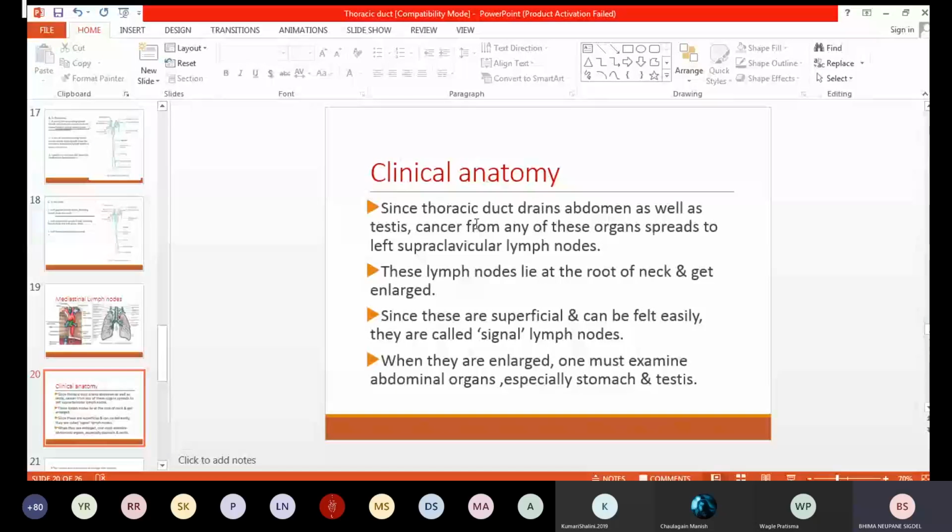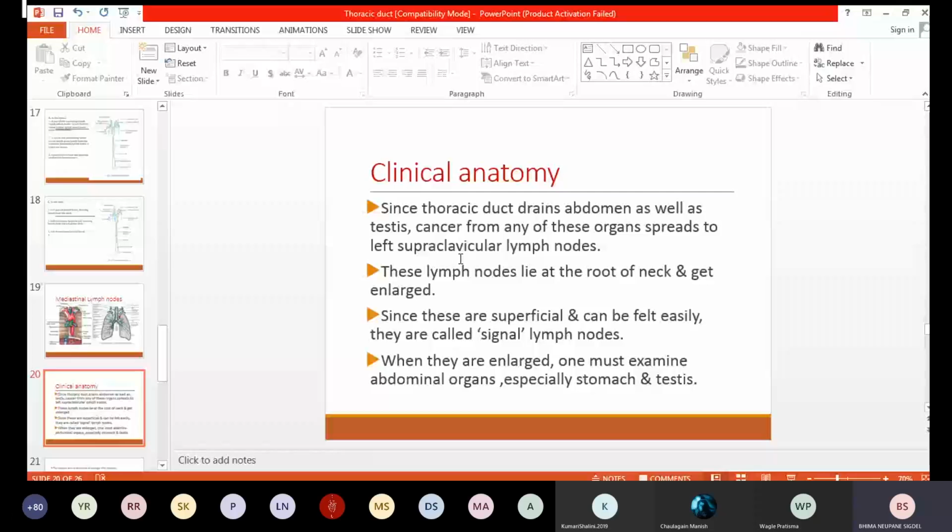This left supraclavicular lymph node lies at the root of the neck, and if there is a pathological condition, these lymph nodes get enlarged first. That is the sign of enlargement of those organs. These supraclavicular lymph nodes lie superficially, so you can test them very easily at the root of the neck.